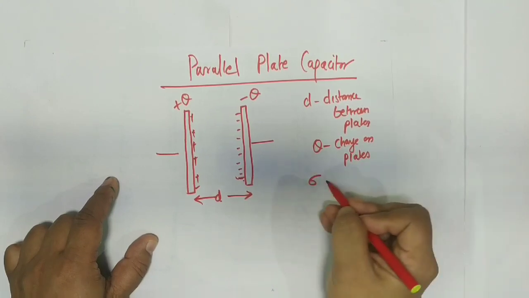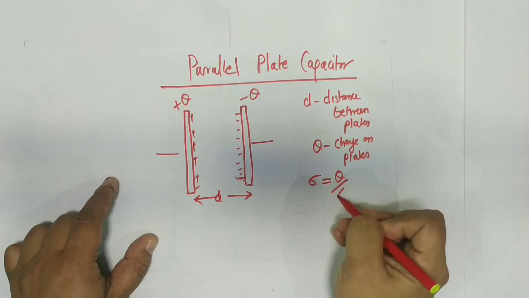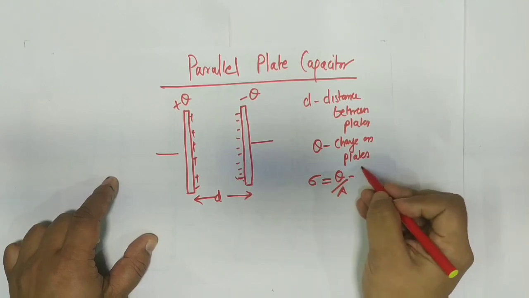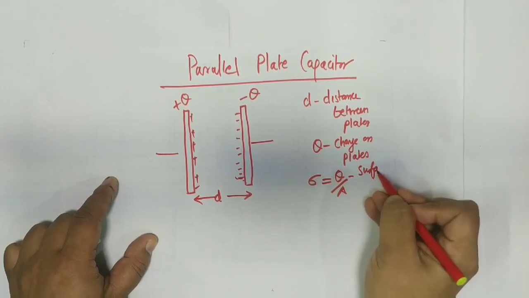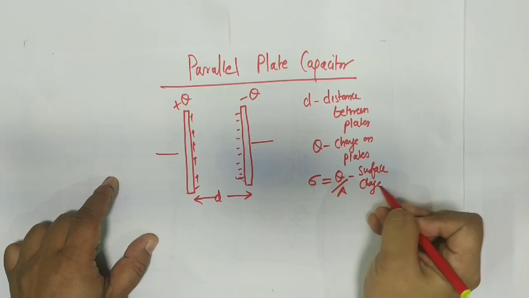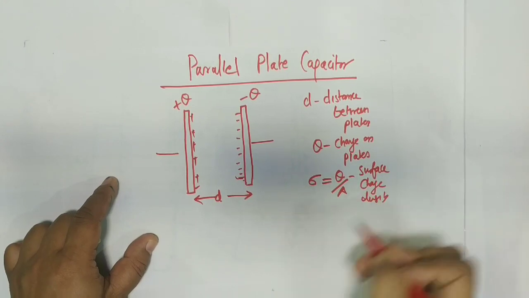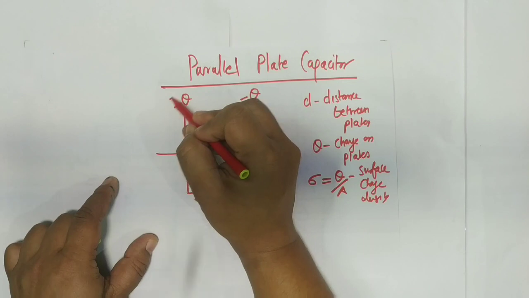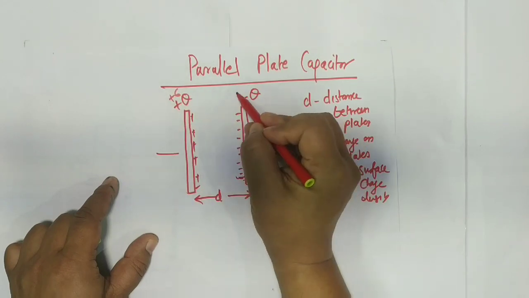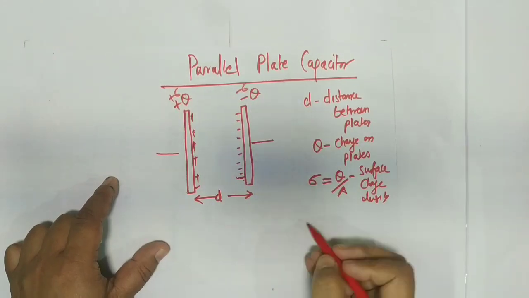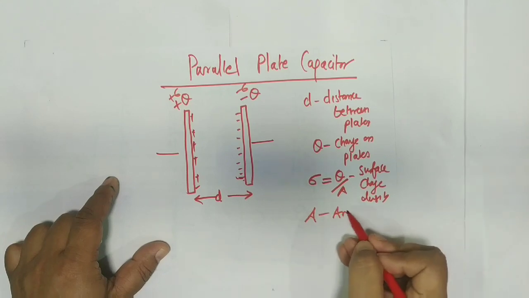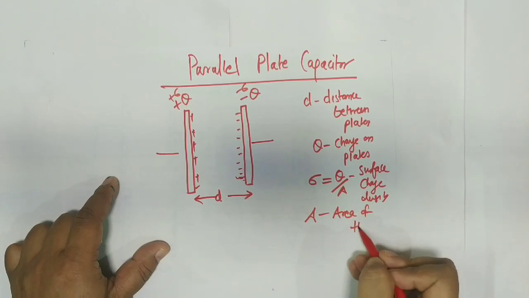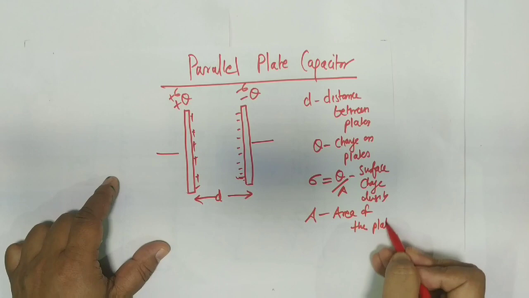And do you remember sigma? Charge per unit area, that is surface charge density. It will be having plus sigma, it will be having minus sigma, you remember? And A is the area of the plates.